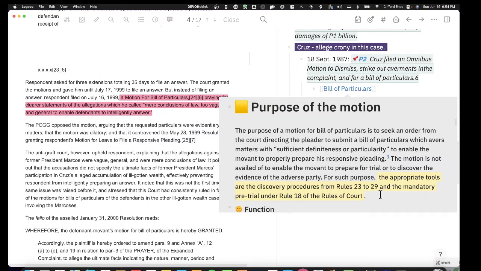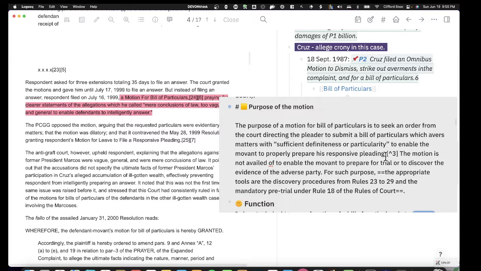It is to seek an order from the court directing the pleader to submit all the particulars of averred matters with sufficient definiteness or particularity. Ito na yun. So finally, we can have a completed digest na. Yung purpose, dapat sufficient definiteness or particularity, kaya nga bill of particulars.